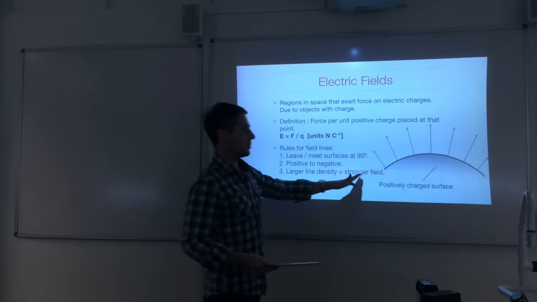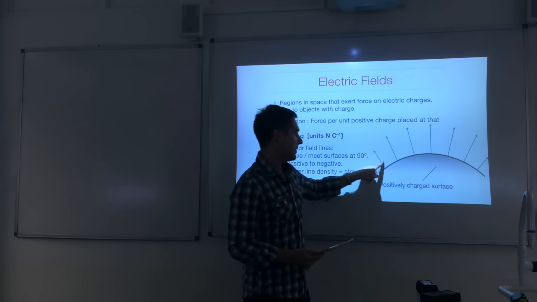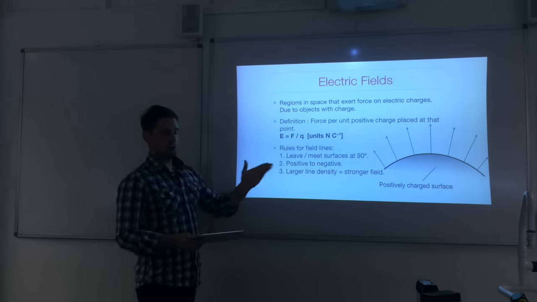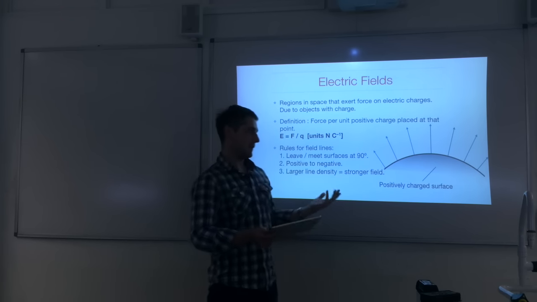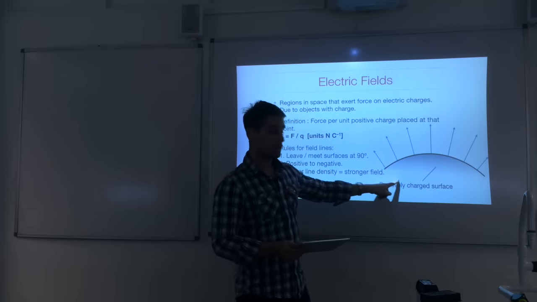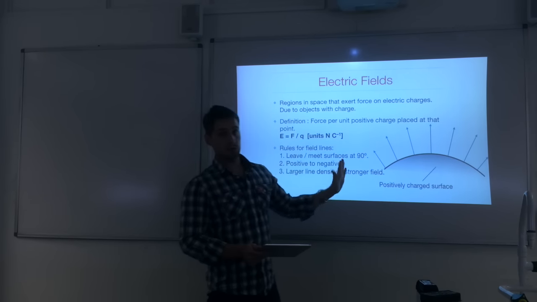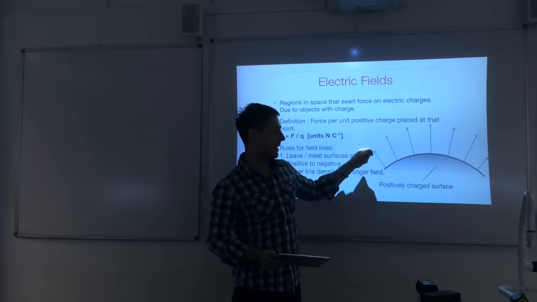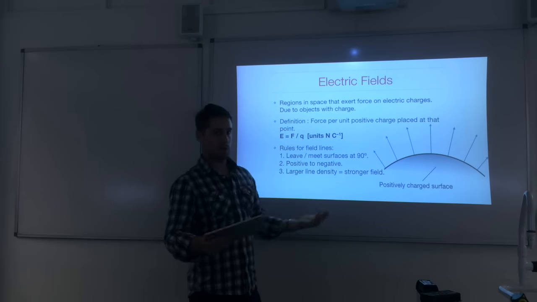So here's my positively charged surface, and these are the field lines coming off indicating the electric field that this charged object has created in the space around it. They're leaving the surface at 90 degrees. Because it's positively charged, they're pointing away from this, because if I put another positive charge here, it wants to move this way, not towards it, because they repel.